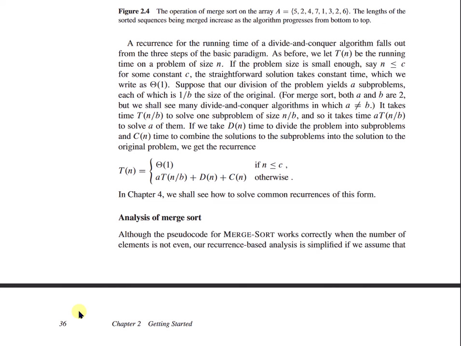As before, we let T(n) be the running time on a problem of size n, and if the problem size is small enough, say n less than or equal to c for some constant c, the straightforward solution takes constant time, which we write as theta of 1.